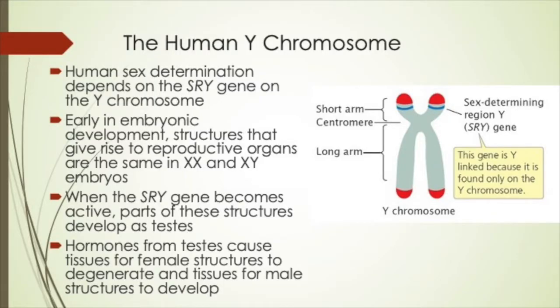Talking about the human Y chromosome. Human sex determination depends on the SRY gene on the Y chromosome. So, early in embryonic development, the structures that give rise to the reproductive organs are the same in XX and XY embryos.